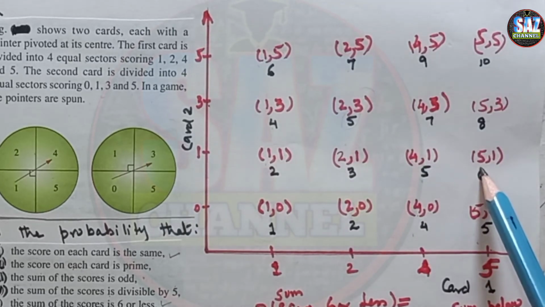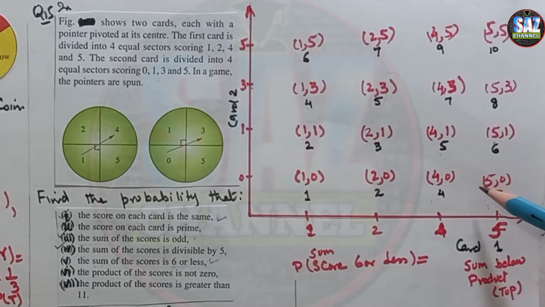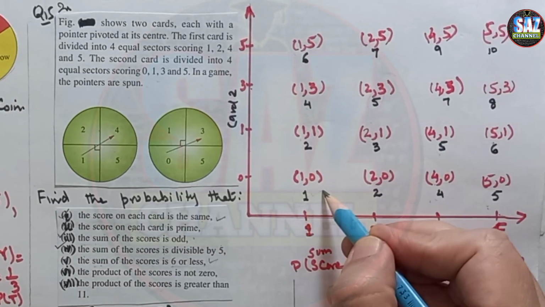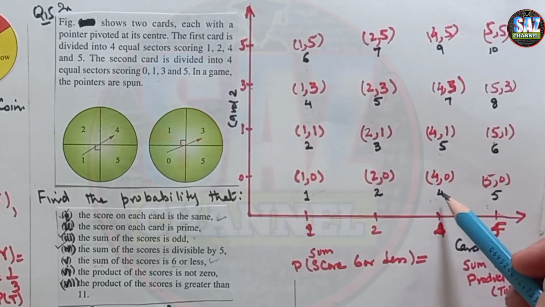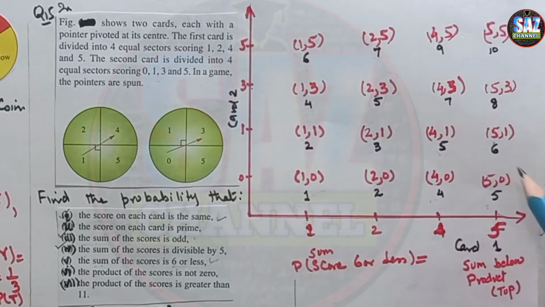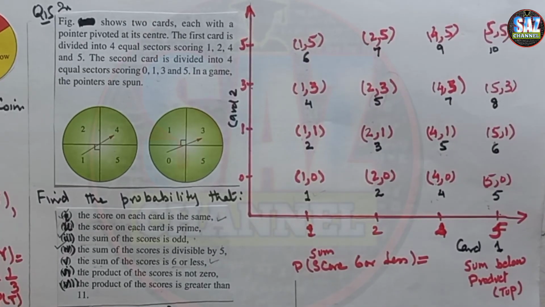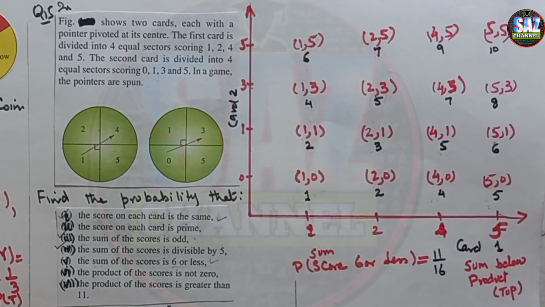There are 11 chances where we are getting the sum 6 or less. Let me reconfirm this: 1, 2, 3, 4, 5, 6, 7, 8, 9, 10 and 11. Okay, now let me record my answer: 11 by 16. Sum is 6 or less.